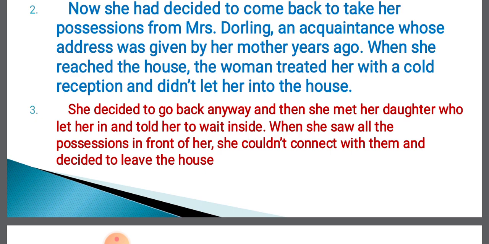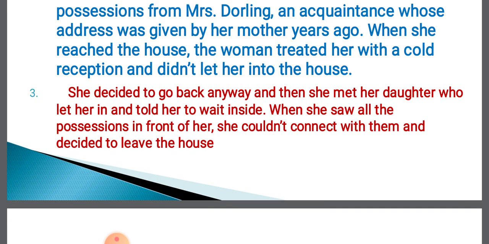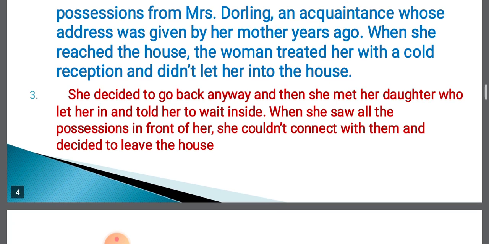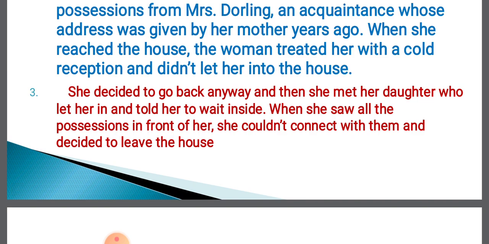When she entered the house and saw all her old possessions in front of her, she couldn't connect with them and decided to leave the house. Now she was very unhappy looking at those. She became very nostalgic because those old possessions had some associated memories, isn't it?